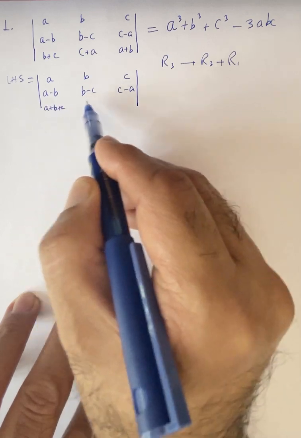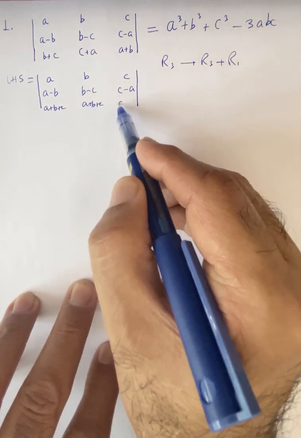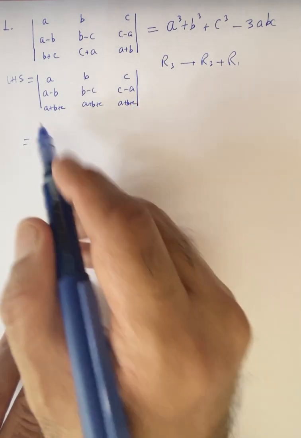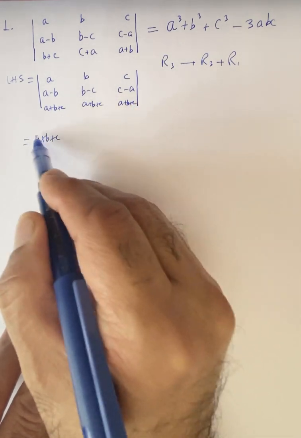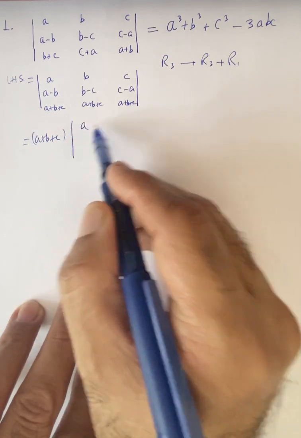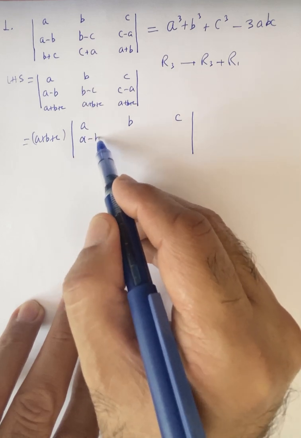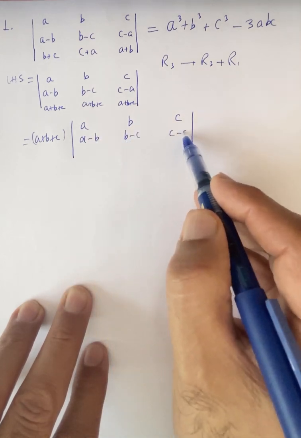This is a plus b plus c, same here and here. Then taking a plus b plus c common, inside we are left with a, b, c, and then a minus b, b minus c, c minus a.